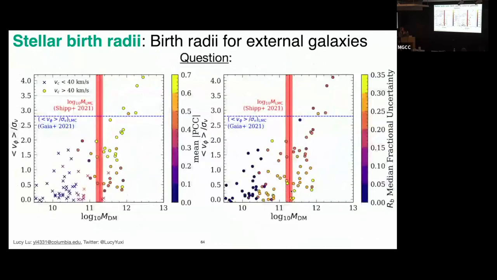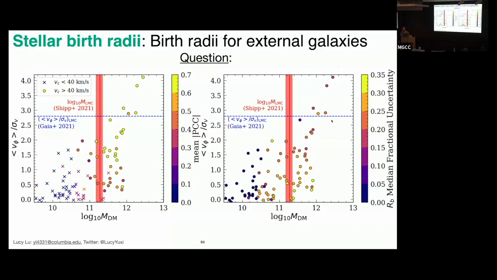So it's a complicated plot, but let's just look at things on the right-hand side. Here is plotting the dark matter mass versus how circular the orbit is. And this red line is showing where the LMC stands.